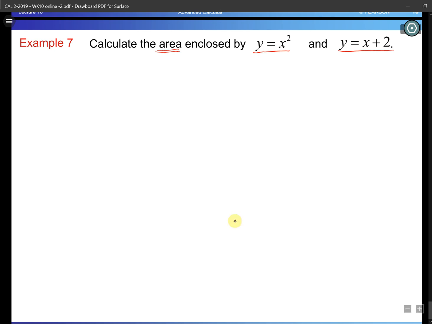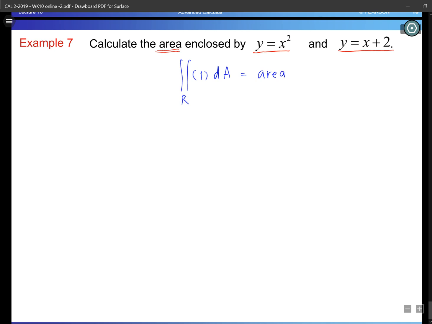We are going to use the double integration of the function equal to 1. So the formula is this: double integration of 1 over the region, and that's going to be equal to the area that they are asking for.